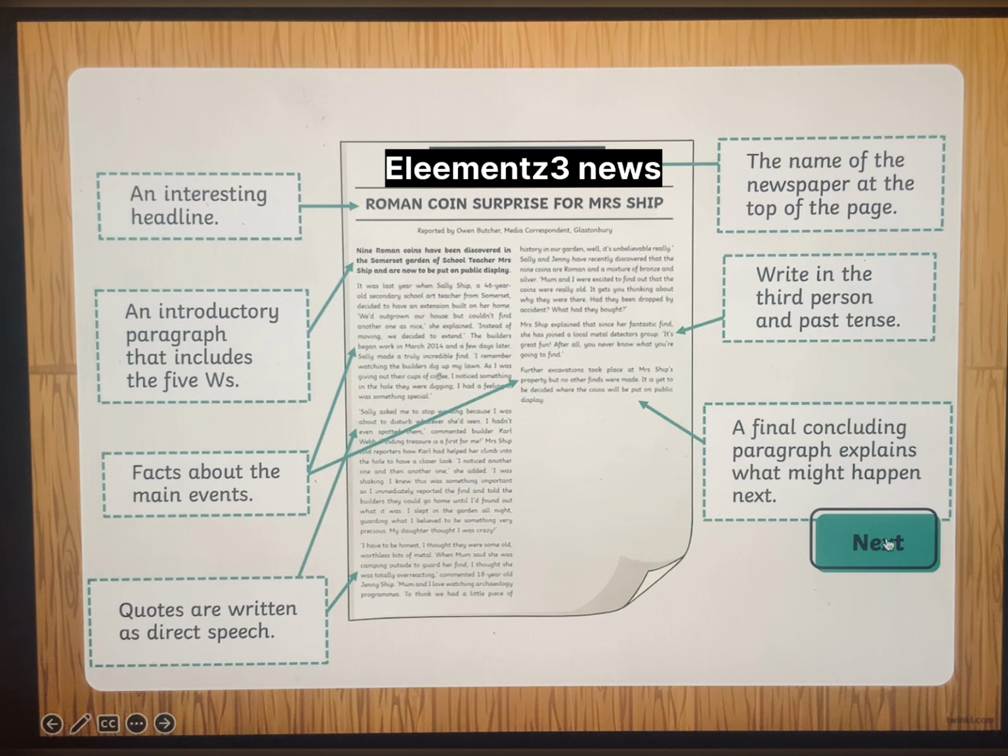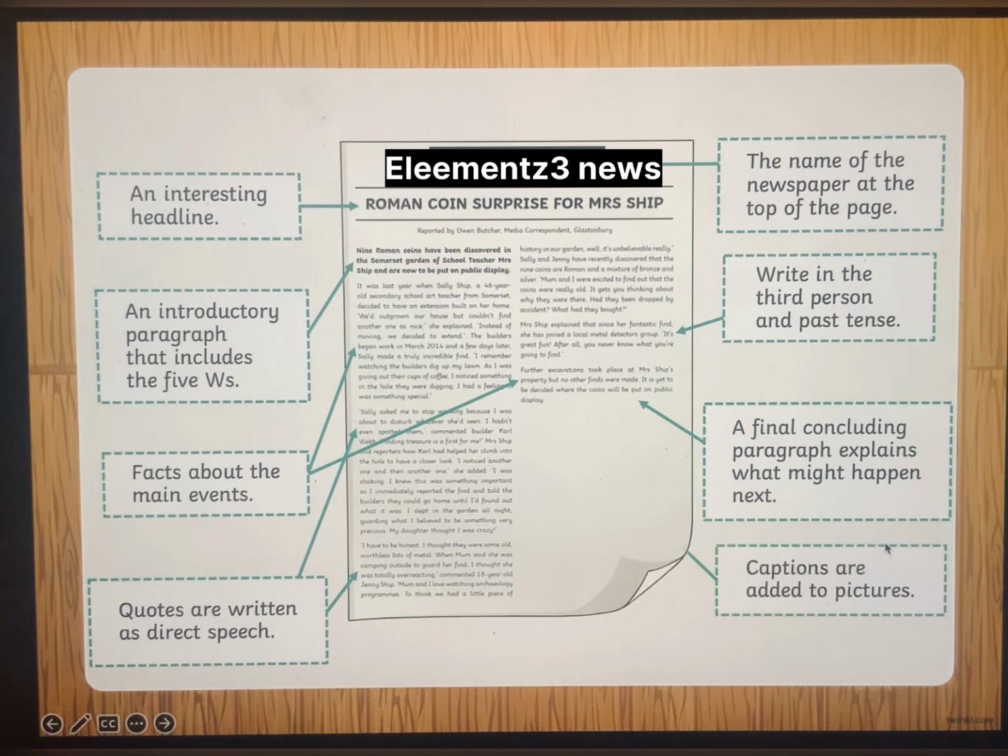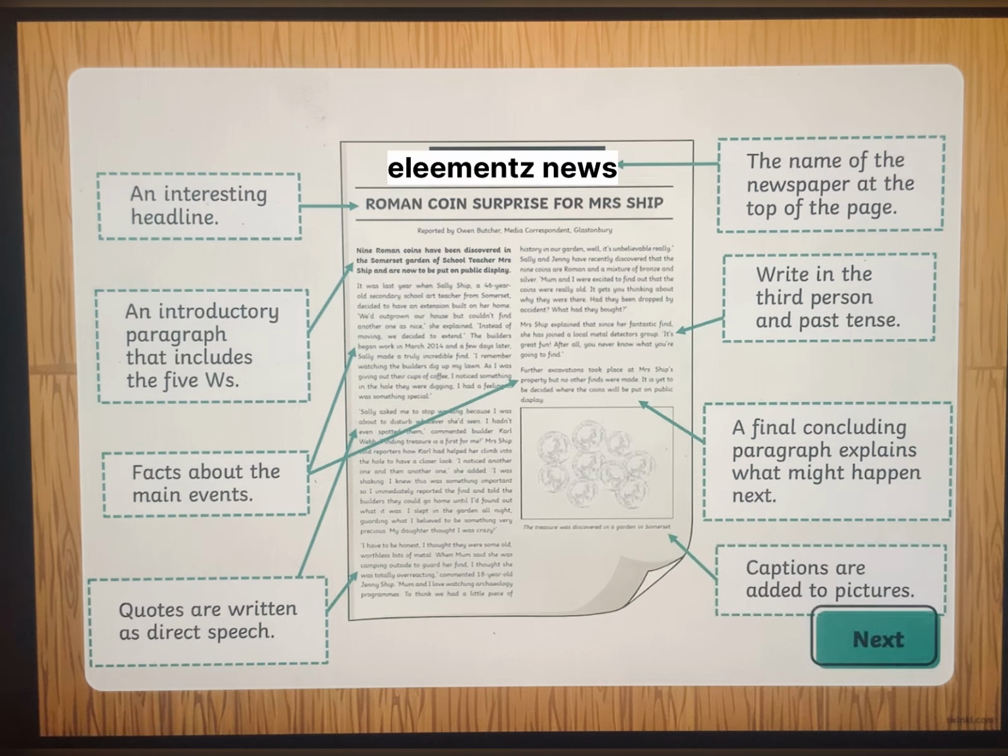Where is it going? Who's going to place it? We need to check all that. And finally, you have your captions that are added to the pictures. It's the best thing to hook your reader, or say, lure them. I can use that word as well.